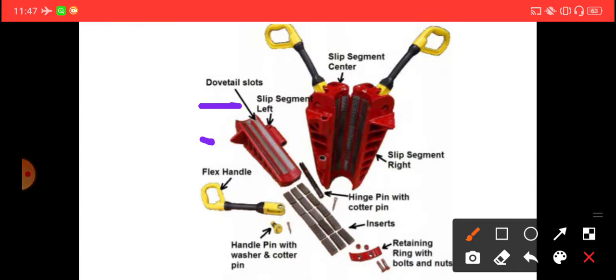These slots are available to put in the inserts, and this is a flexible handle in yellow color. This is the left side slip, and these are the hinge pins with quarter pins, which are used to attach this wedge to the center portion.